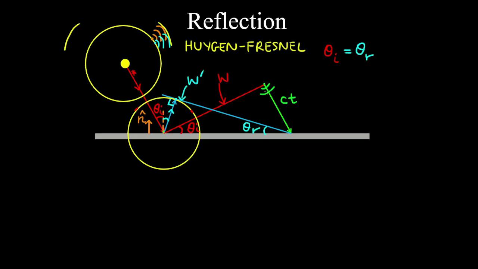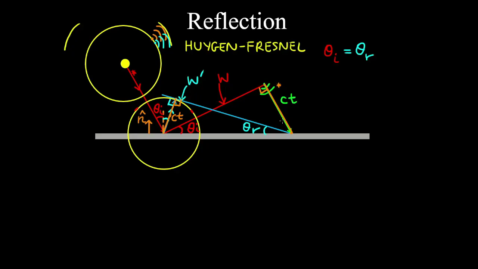Now the time taken for this secondary wave to collide with this surface is the same as the time taken for the reflected primary wave to travel the same distance from this surface. So therefore, if the length of this reflected ray is ct, then these two edges are identical. And these two angles are also identical.